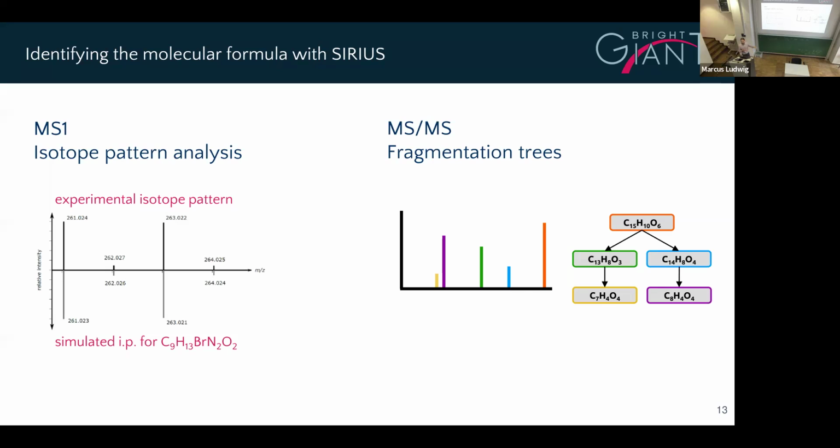So you have a measured isotope pattern in your data, and for a given molecular formula, we can just simulate how an isotope pattern should look for this molecular formula. And then we just compare, and if they match well, they have a high score, and it's hopefully your correct molecular formula. And on the other hand, we have all this information from the MS-MS data. And we can also use this for scoring. And for this, we introduced the concept of fragmentation trees.